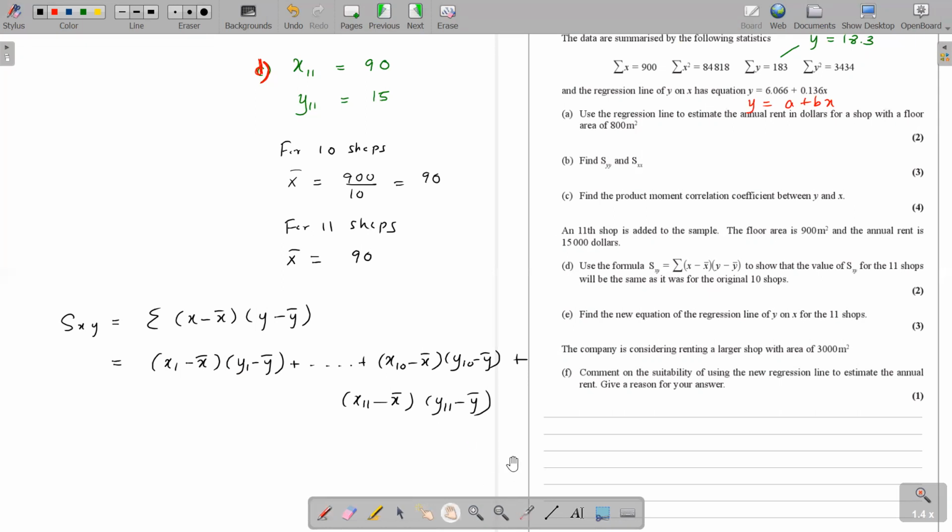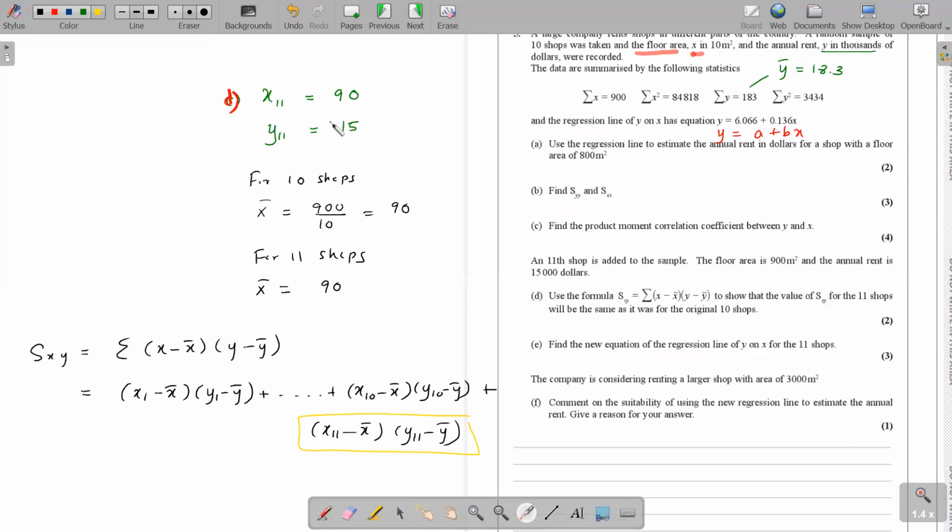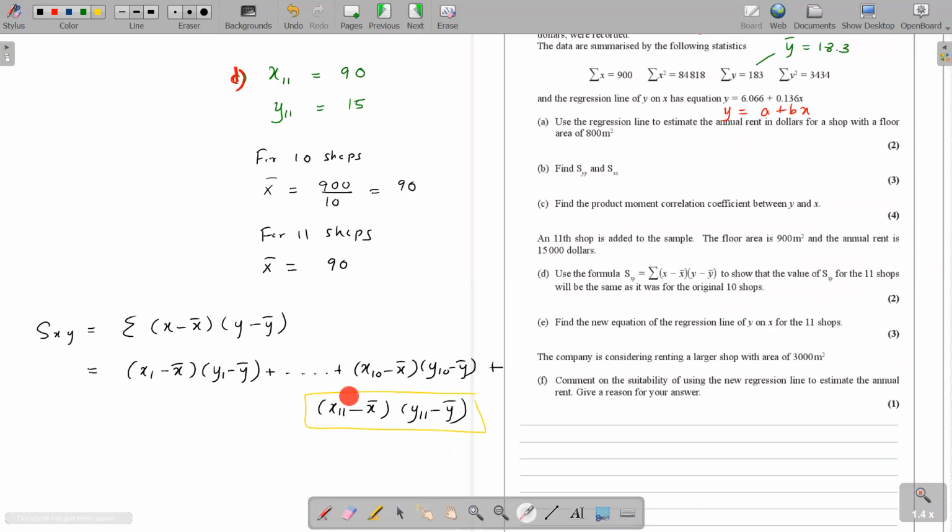The extra term you're adding here is this one. What do you have to say about X11 minus X bar? The X bar value is 90, and the 11th X value is also 90. Can you see the 11th X value is also 90? X bar is also 90, which means this extra term that you are adding is 0.